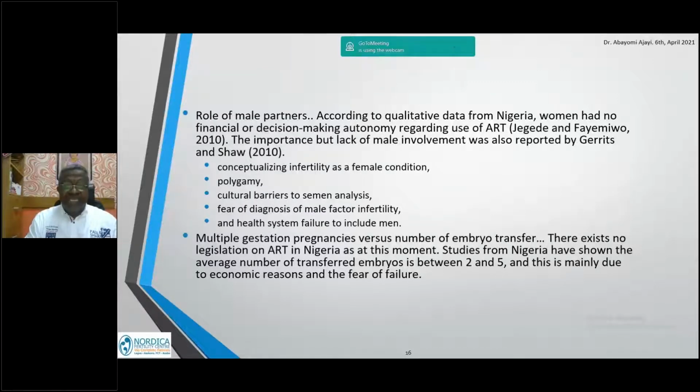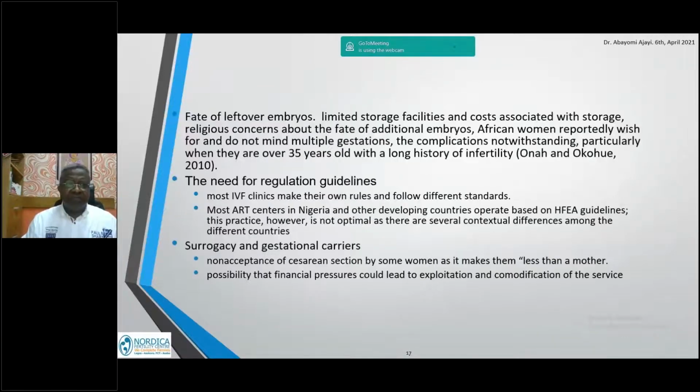Of course, again, there is this notion that Africans tolerate multiple pregnancies better than Caucasians, and we know that there were works in the early days where it was shown that Nigeria is one of the highest places where multiple pregnancies thrive before the advent of IVF.